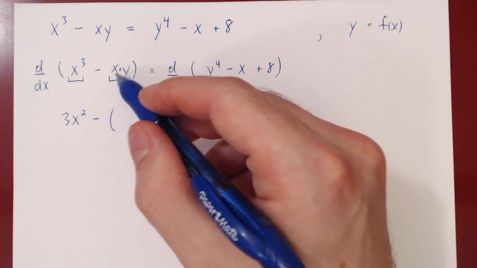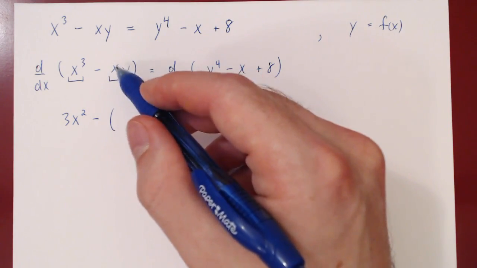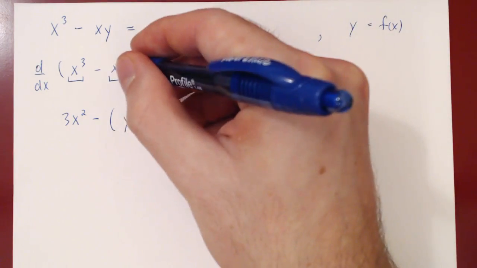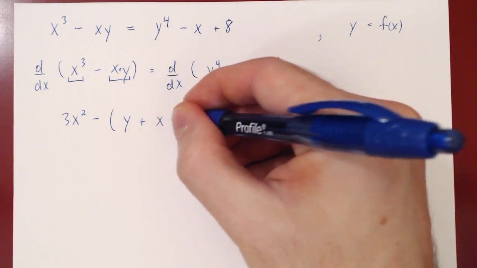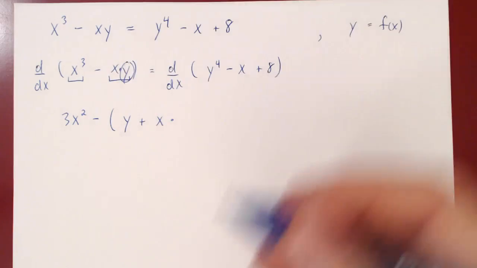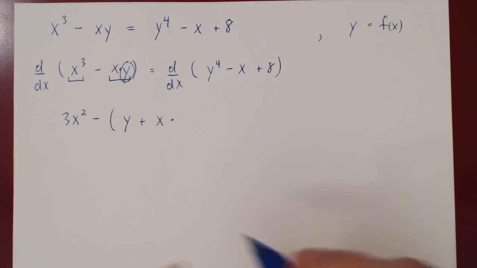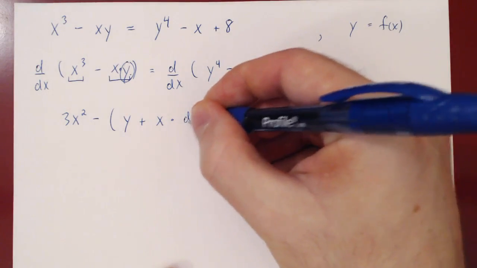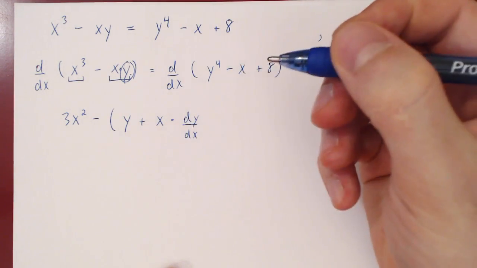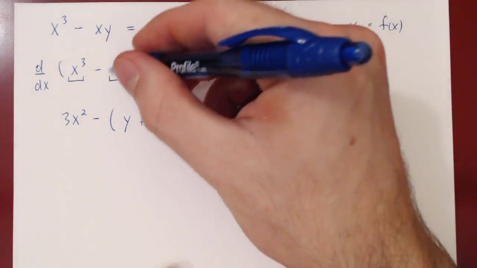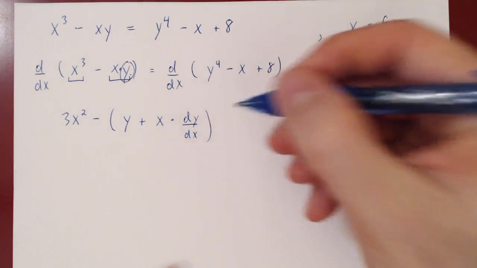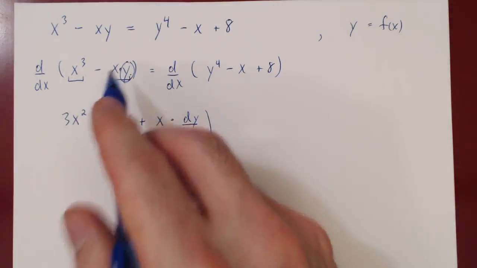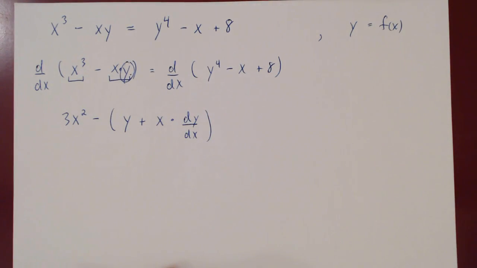The derivative of xy will be the derivative of x, which is 1, times y, so we get y, plus x times the derivative of y with respect to x, dy dx. So this takes care of the derivative of x times y. You can close your parentheses. And that's the derivative of the left-hand side of the equality.